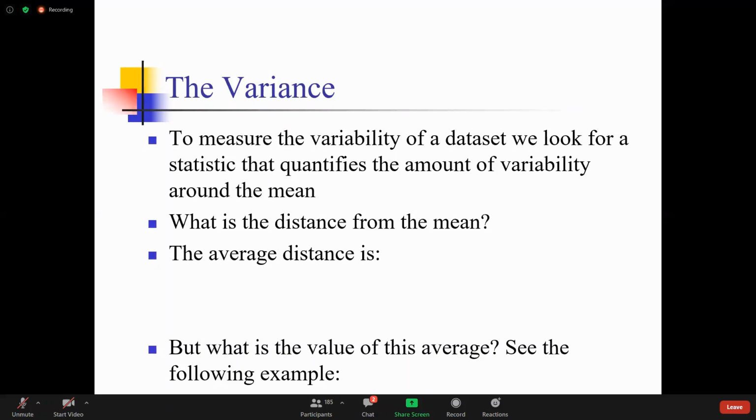Okay, so now I'm going to talk about the main measure of variability. We have other types of measures of variability. We have the range, interquartile range. So we have many ways of measuring the variability, but in this lecture, I will focus on the variance, and then the other measures like the range, inshallah, Dr. Fuad will address when he gives you examples in the lab.